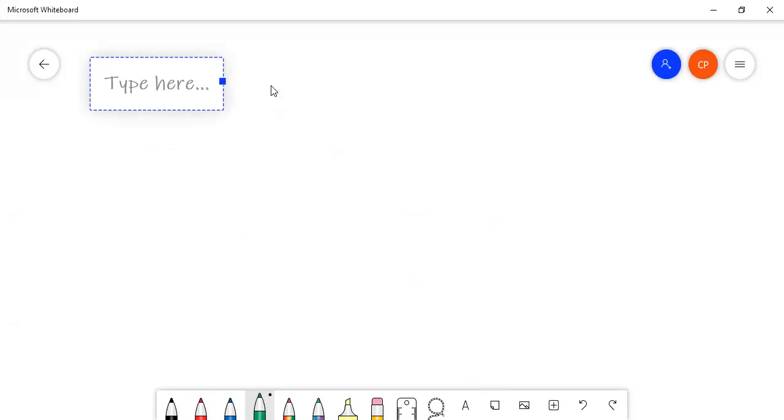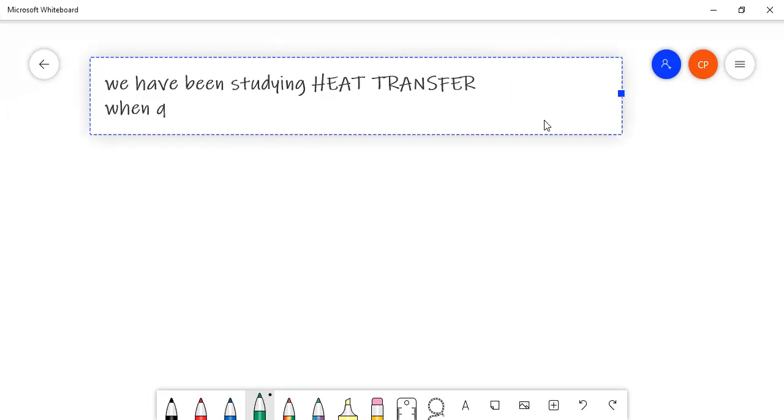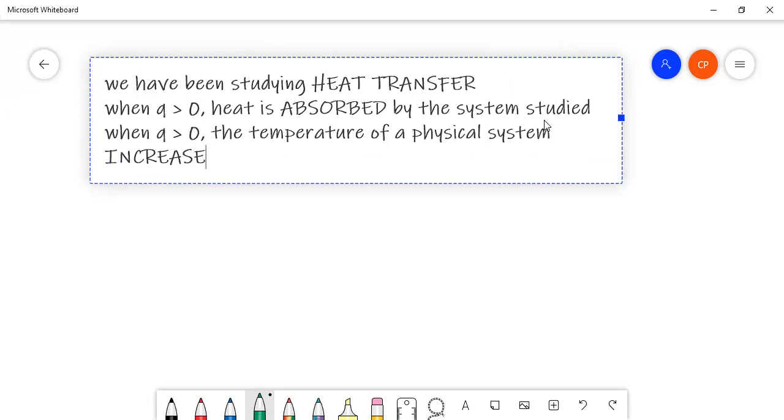Sometimes the typing goes a little bit faster than people can write down. There we go.